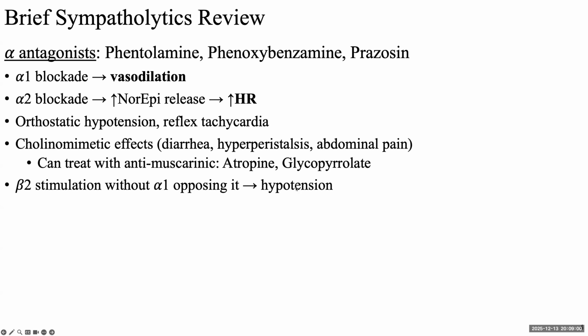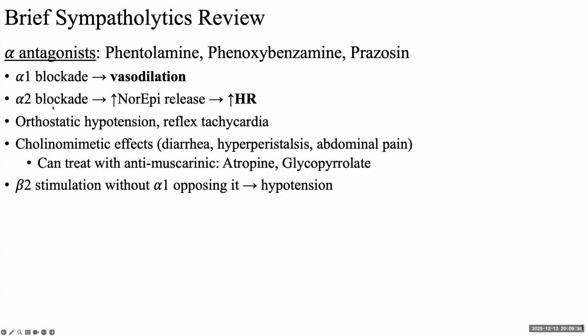Okay, now let's briefly review our sympatholytics. Remember your alpha antagonists. We have phentolamine, phenoxybenzamine, which are non-selective, and we have prazosin, which is alpha 1 selective, right? Now, when we block alpha 1 receptors, which are responsible for vasoconstriction, we get vasodilation as a result. And with alpha 2 blockade, remember that's involved with our negative feedback of our adrenergic system.